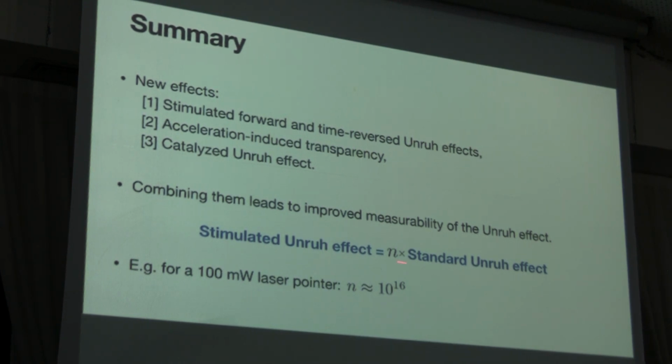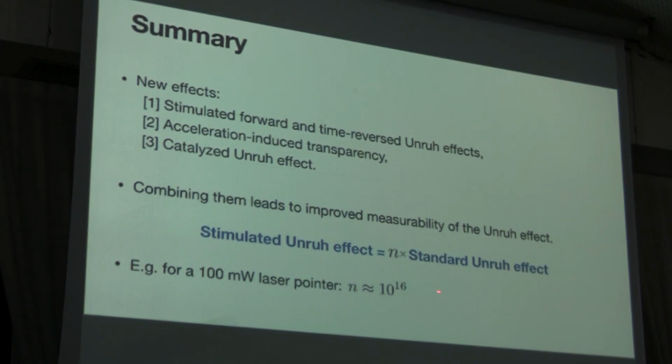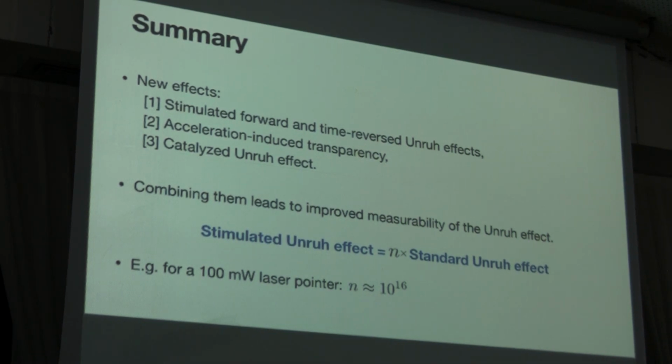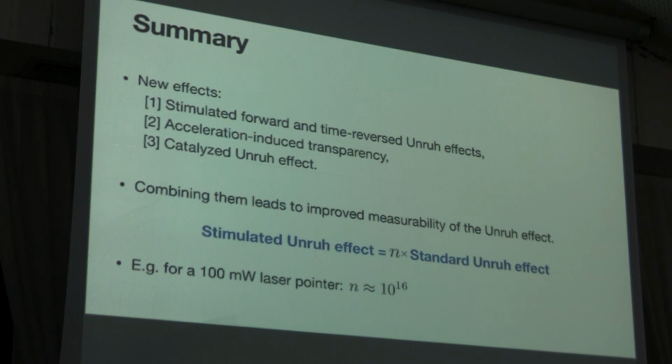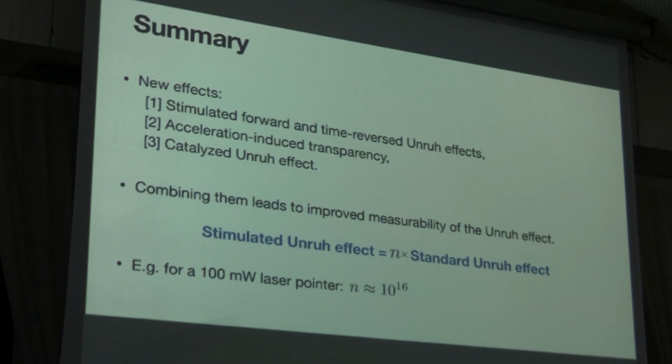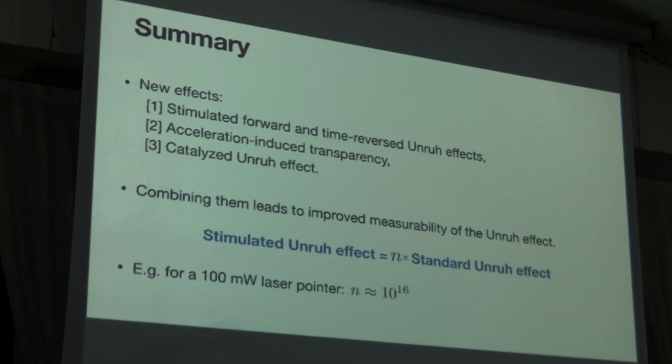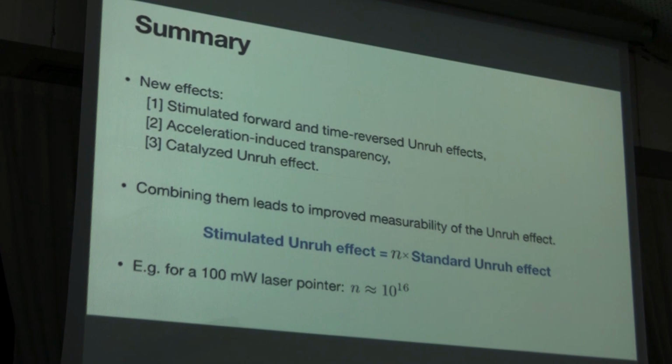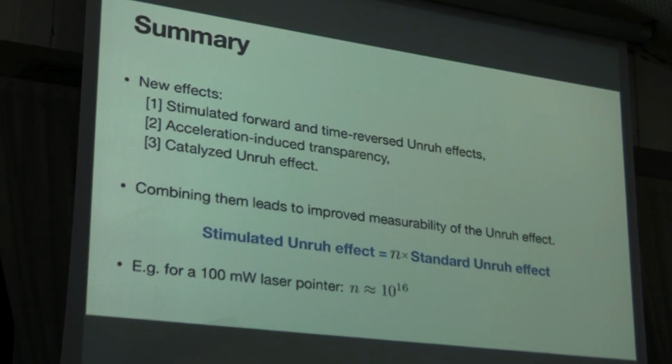And that's an interesting formula, because if you look at how large this n can typically be, well, n can be very large. For example, we calculated for this example 10 to the 16. So in principle, you can make the Unruh effect much more measurable than you used to be able to.